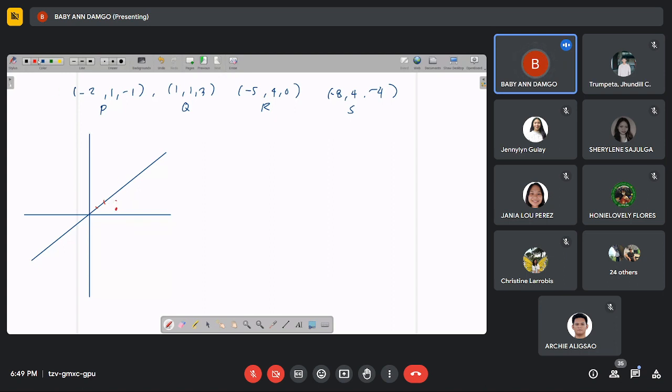So this is our P. Okay, Q is 1, 1, 3. So we have this is 1, and then 1, 1, 2, 3. So 3 units above. So this is our Q.